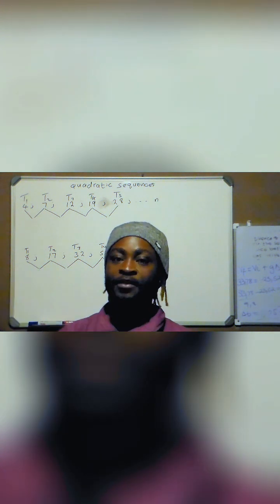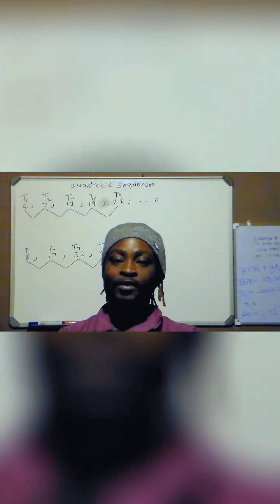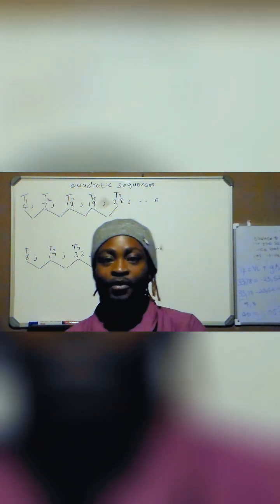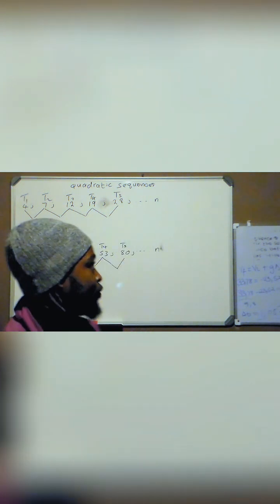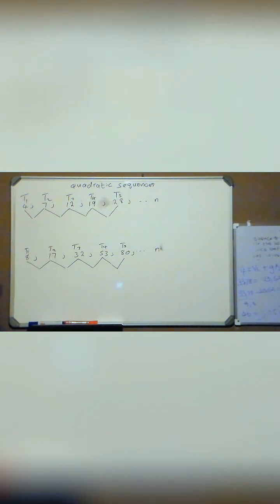So I have already prepared two sequences so that we try to see how a quadratic sequence should be like. So let's consider the first sequence where our term number 1 or first term is 4, second term 7, third term 12, and 19, 28, right? So to find the difference between two terms, let's begin with the first one, t2 minus t1.